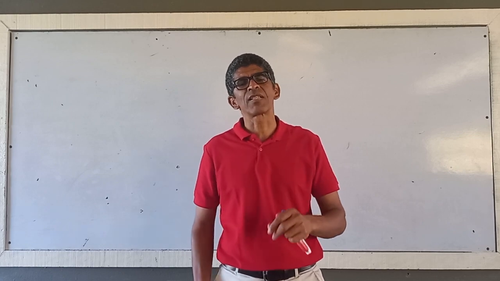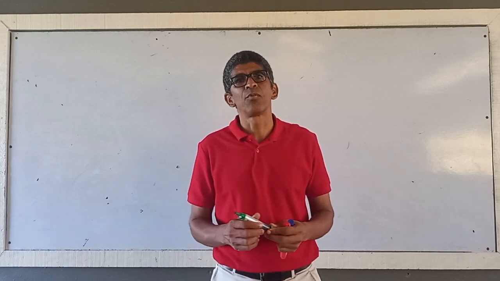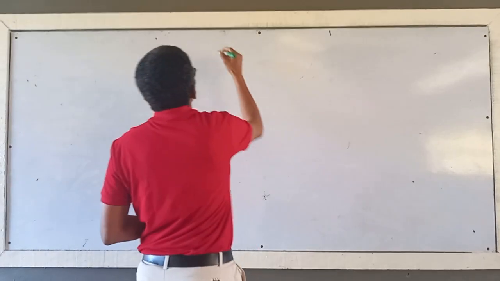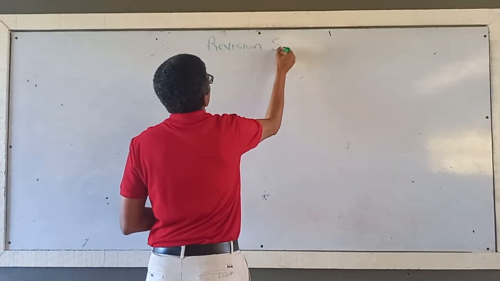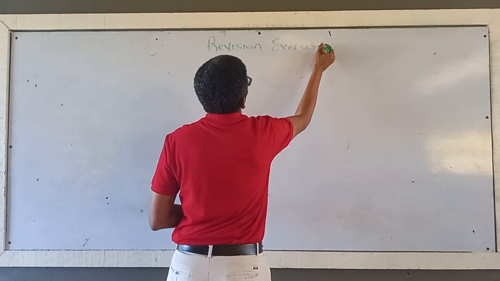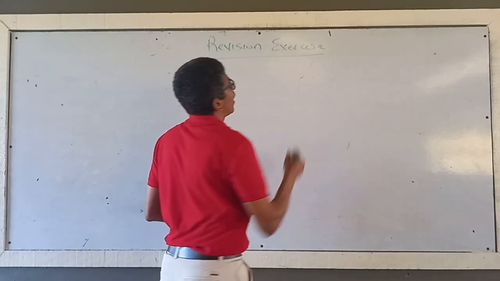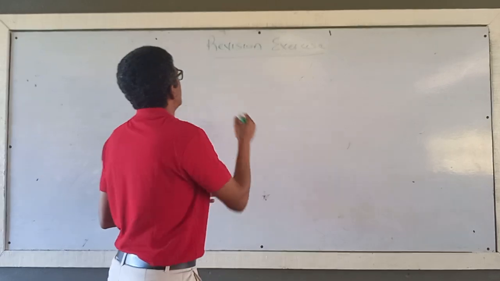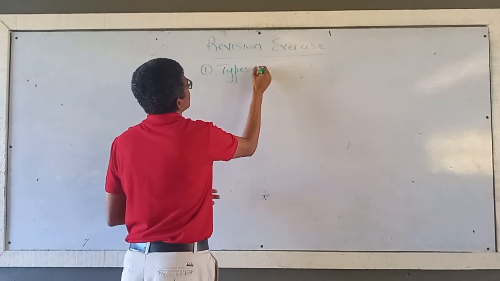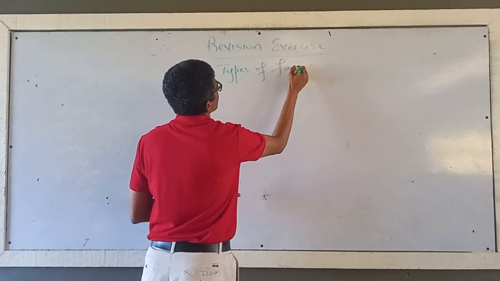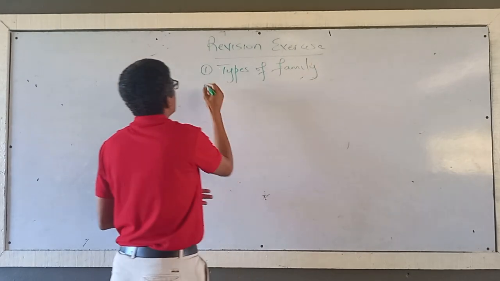The purpose of this exercise is to look at three things. So, revision exercise. The purpose of this revision exercise is that we're going to look at types of families. That's number one.